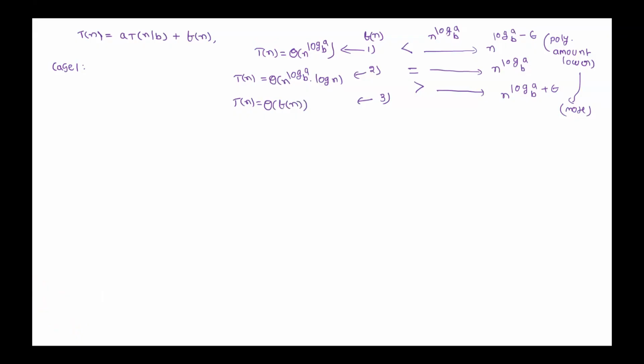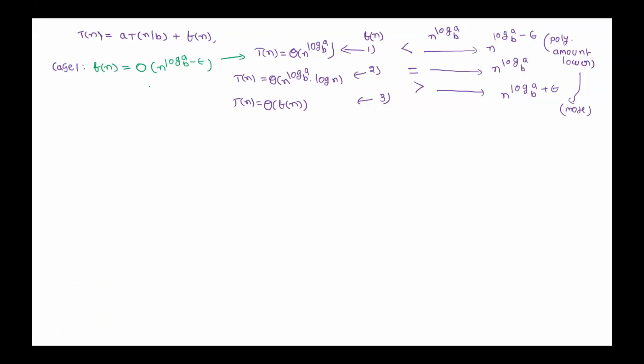Is that correct? Okay, one more time I will read. What is case 1? Case 1: the order of growth of f of n is strictly lower than the order of growth of n power log a base b.